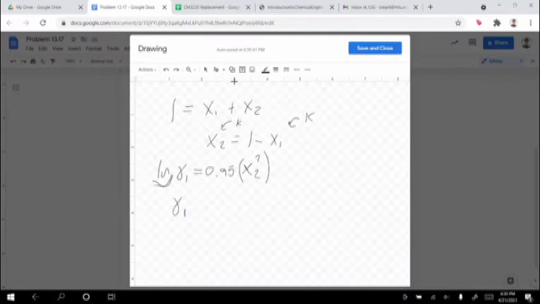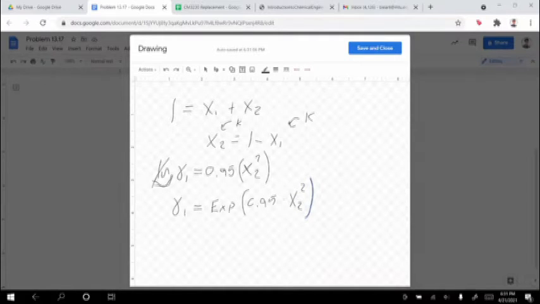That's because natural log of something raised to the exponential cancels out, and you're just left with this right here is equal to 0.95 multiplied by x2 squared.